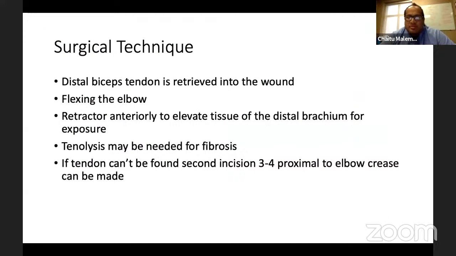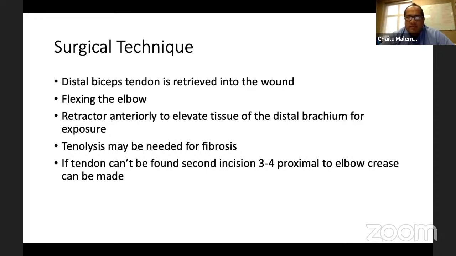So the distal biceps tendon is then retrieved into the wound with blunt dissection, and flexing the elbow can really aid with this. You can also massage the muscle belly, and that can help deliver that tendon distally to make it easier to find. I like to place a retractor anteriorly to elevate the tissue of the distal brachium, and that helps with exposure and finding that tendon.